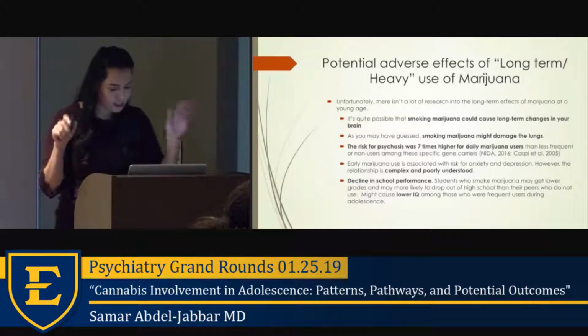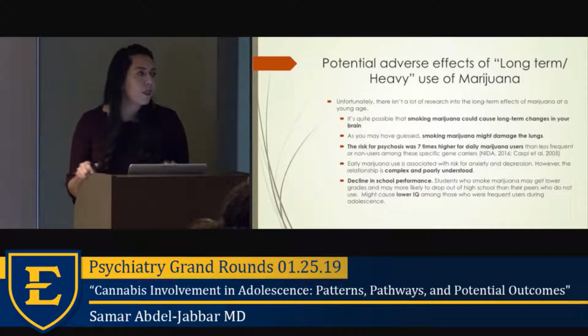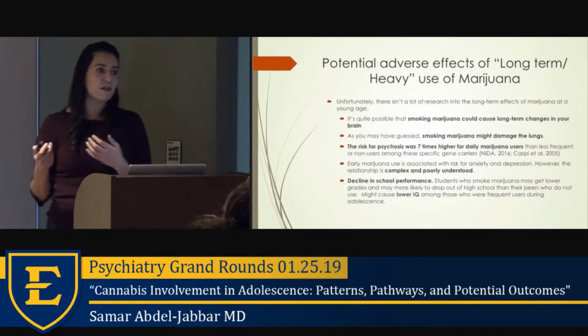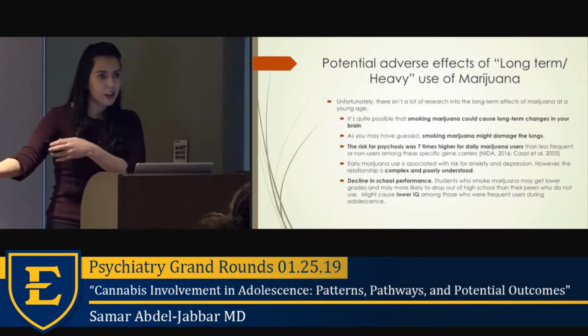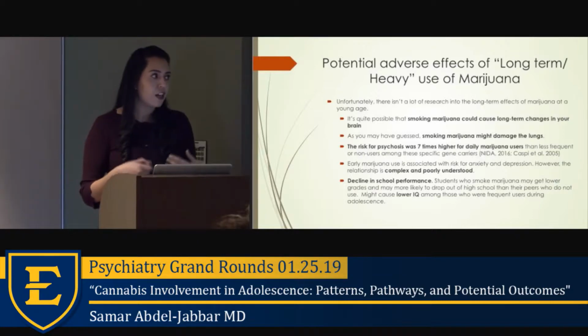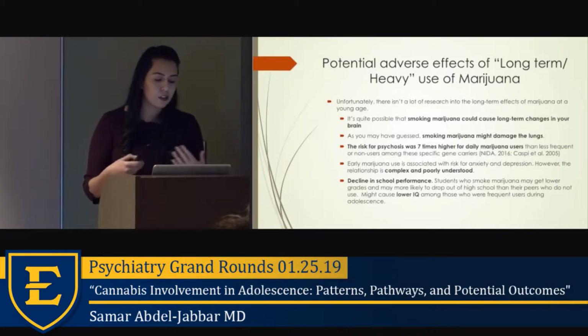But one thing that was mentioned is that if you have a genetic predisposition to possibly have schizophrenia in the future, smoking marijuana at a younger age might increase your risk, possibly allowing an earlier onset of psychosis.